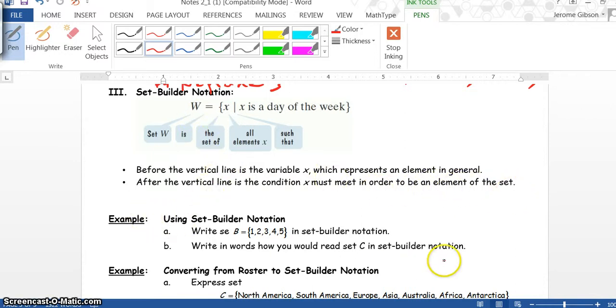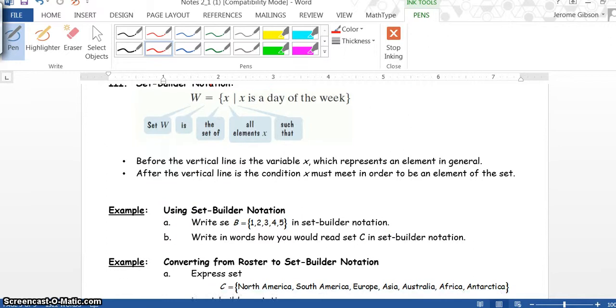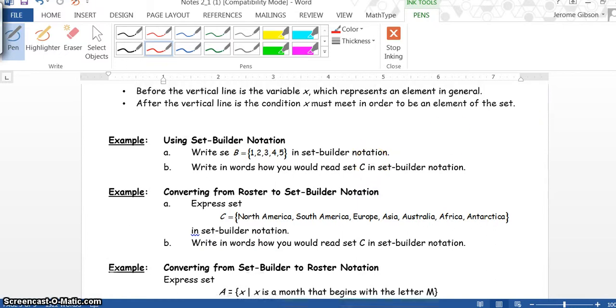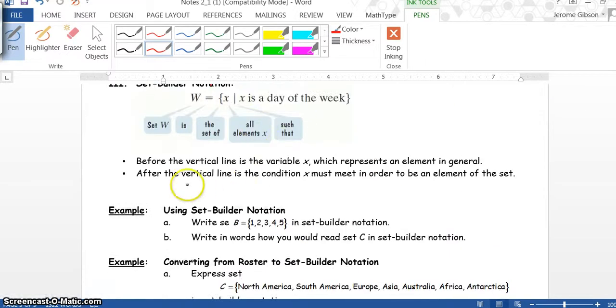So let's go down here and try a few examples. We have an example using set builder notation. We see B is equal to the set of 1, 2, 3, 4, 5 in set builder notation. So we want to rewrite this like we have up here.